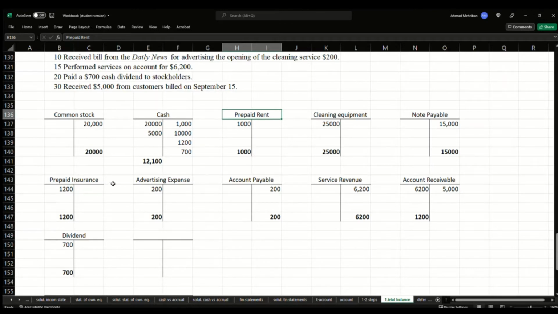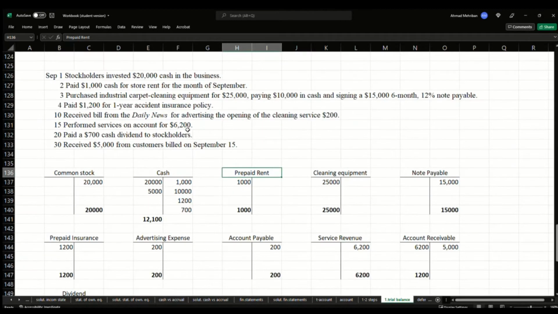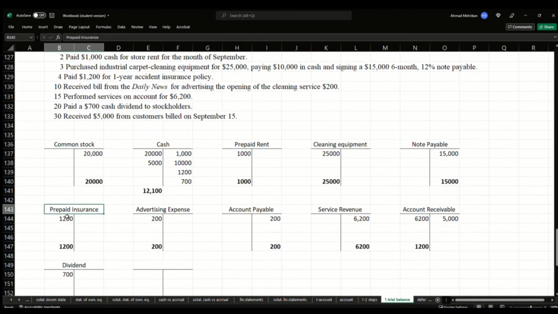The insurance on this one was for 1 year. So if it is $1,200 for a 1 year accident insurance policy, it means that 1 month's worth of insurance is $100. So every month that we use this insurance, the prepaid insurance will have to be recorded less and less.